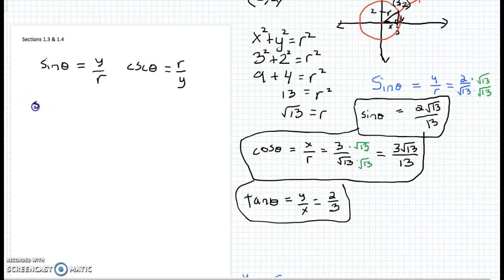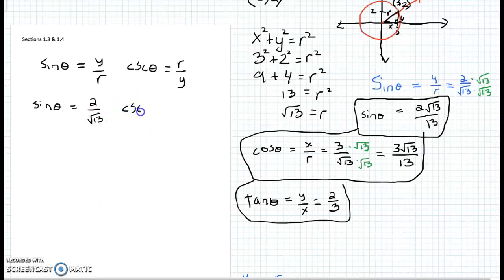Let's look at what you said was sine of theta. I'm going to go back over to the right-hand side. We already made a statement about sine of theta, but I want you to first notice the value where we did not rationalize the denominator. What would happen if you took the reciprocal of this value, 2 over the square root of 13?